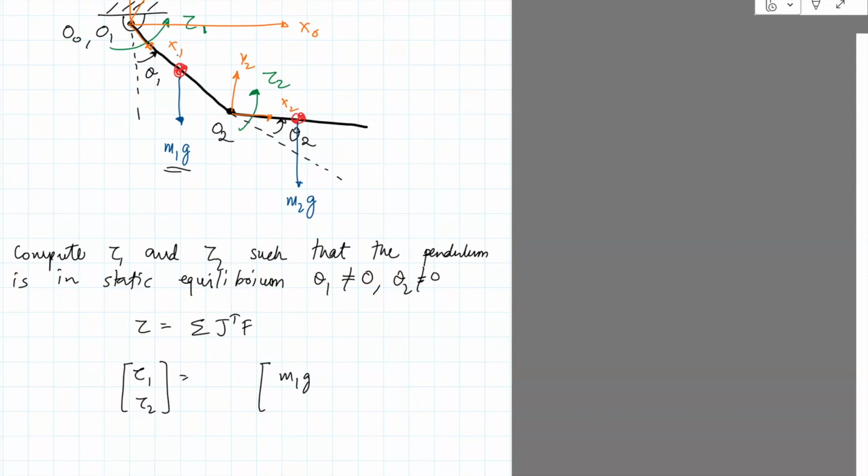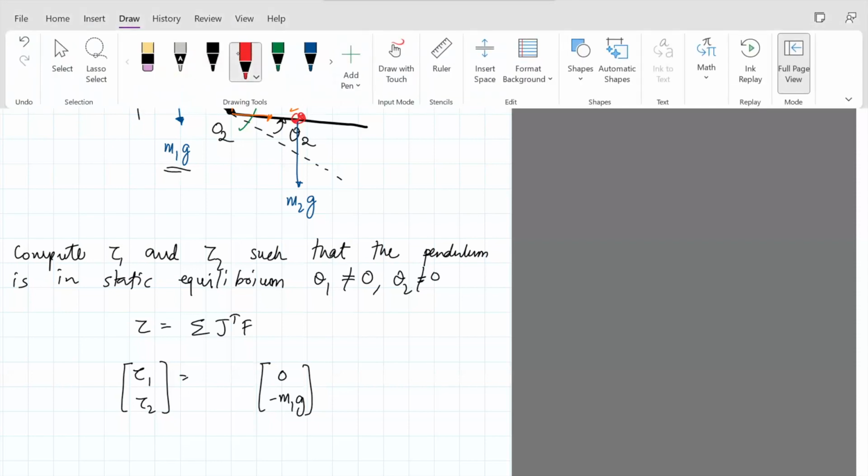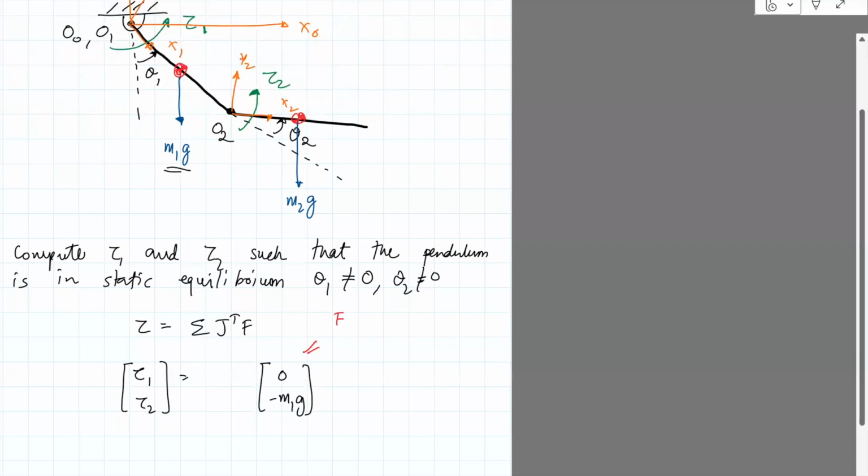Now when you write these forces, this is written in the global frame x0, y0. So there's only a force acting in the vertically downward direction. So I actually made an error here. This should be 0 and minus m1g. Why did I write that? This is essentially the force at g1 in frame 0.